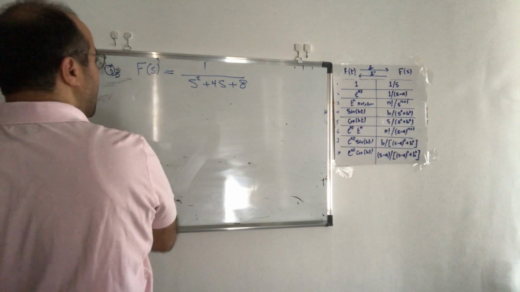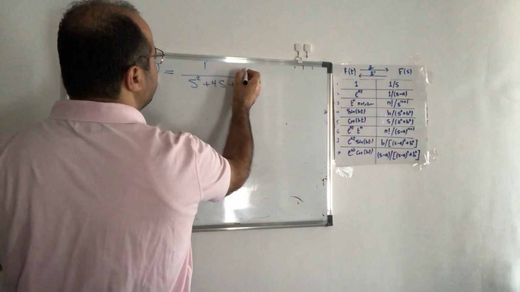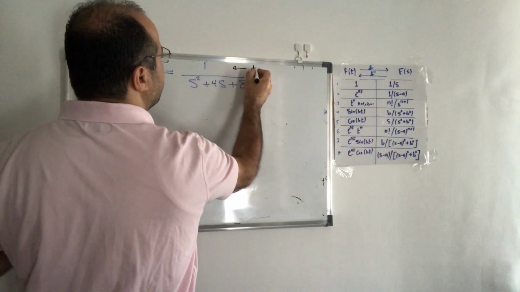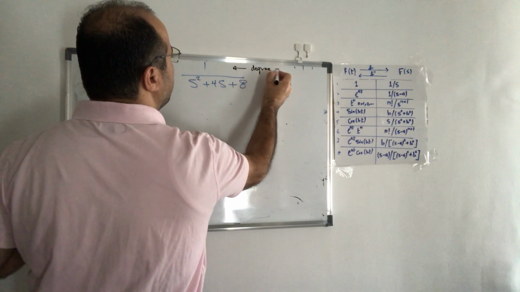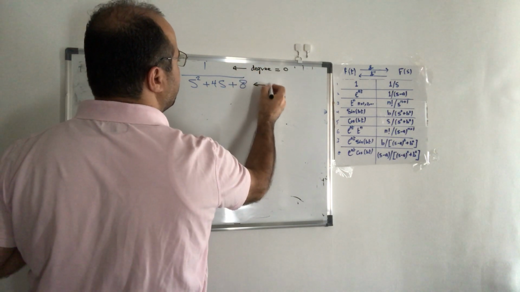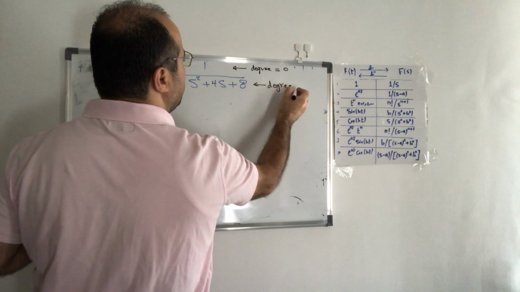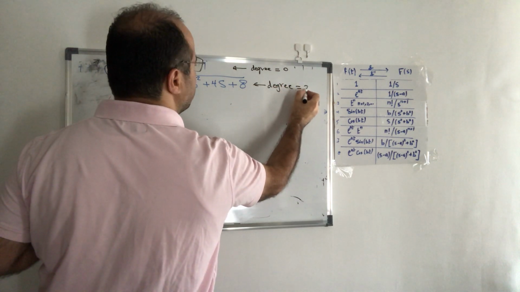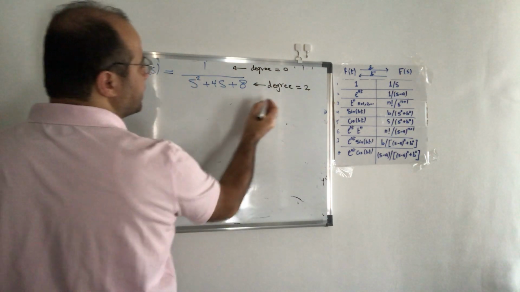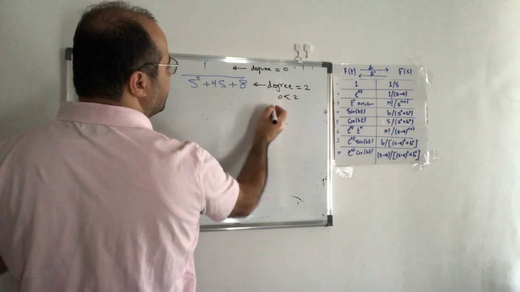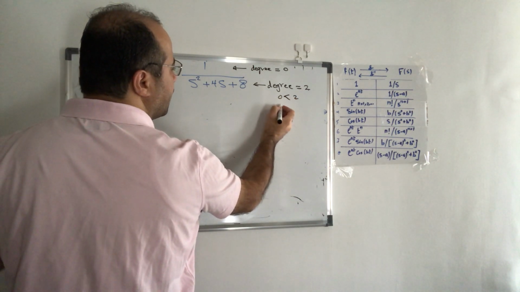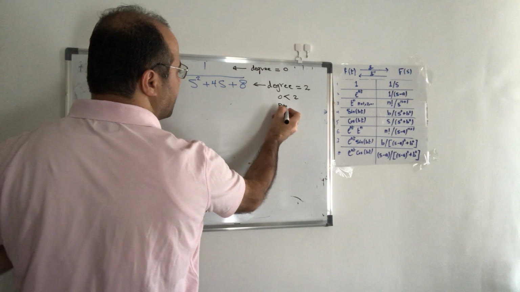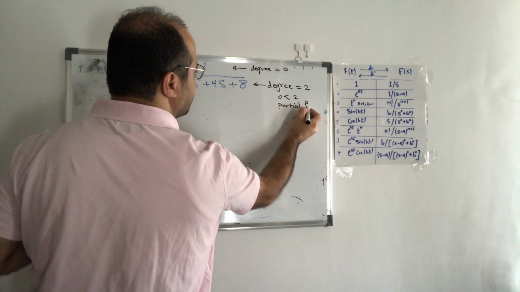Now let me go back. If you compare the degrees, numerator degree 0, denominator degree 2, in this case 0 is less than 2, so you need to go with partial fraction.